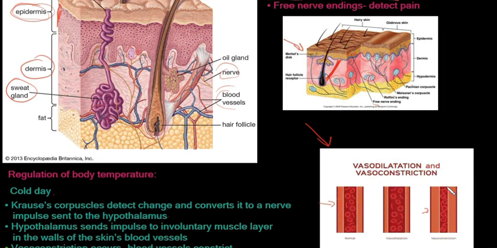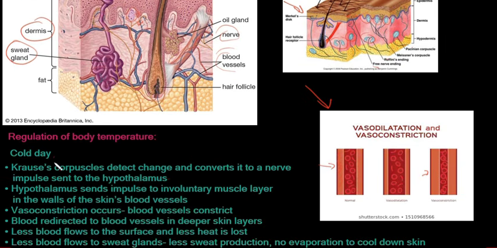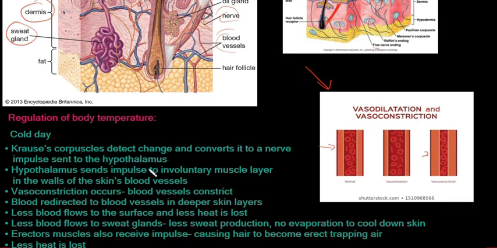Can you see that it narrows the area where blood can flow? So the blood goes further away from the surface, and that means less heat is lost through radiation, convection, or conduction. So vasoconstriction occurs, and the blood vessels constrict.